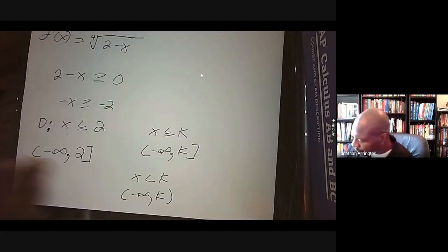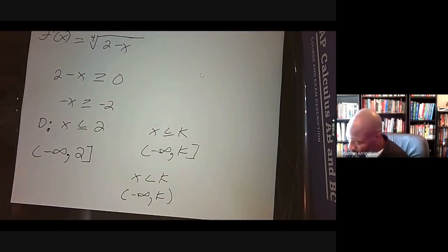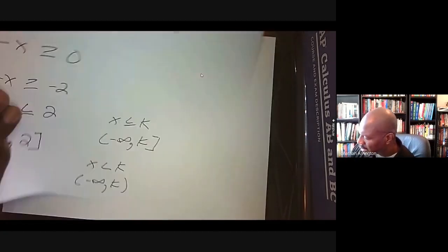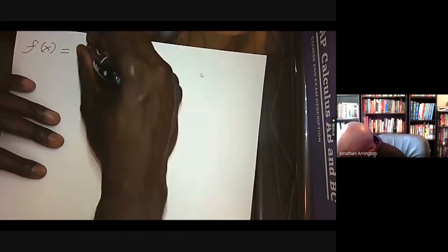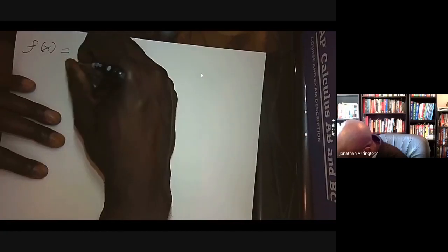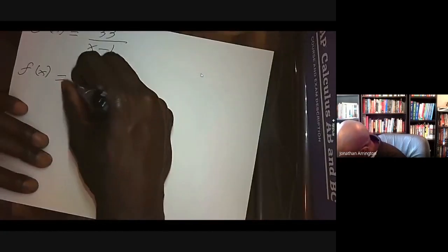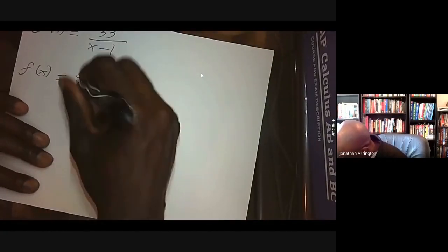All right. So real quickly to wrap this up, I'm going to do just a series of functions, several functions, and find their domains quite quickly. So here, let's say f of x is 33 over x minus 1. Here, let's say f of x is the fifth root of x minus 3.